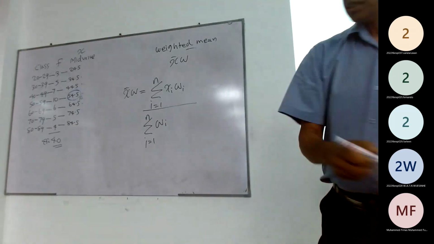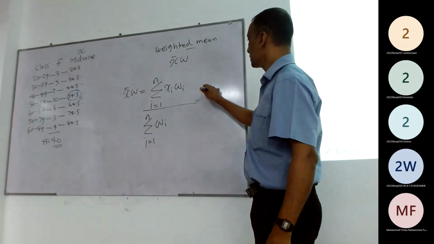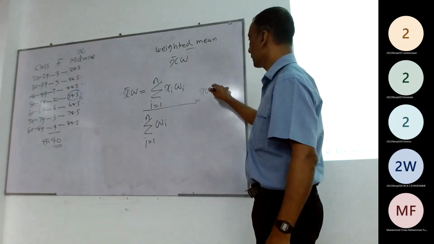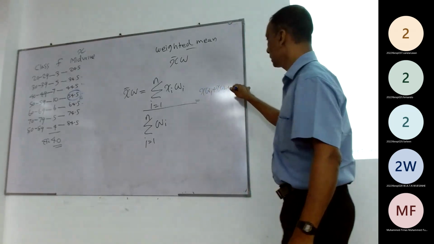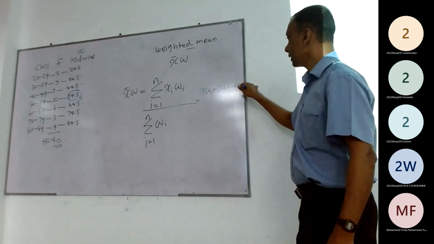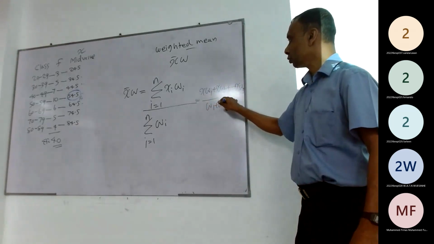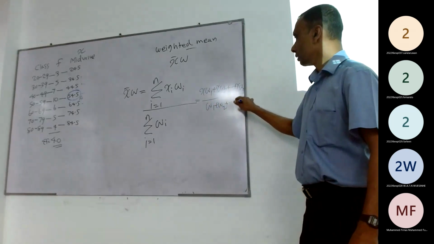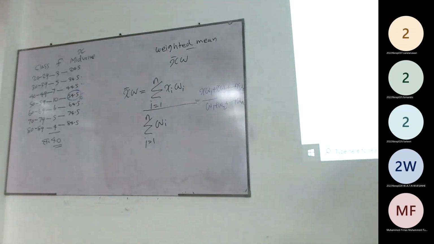If I expand this, it is x1 multiplied by w1, x2 multiplied by w2, and so on up to xn multiplied by wn, divided by w1 plus w2 plus up to wn. Each data point is multiplied by its corresponding weight.